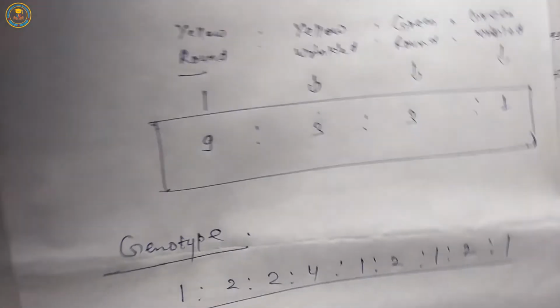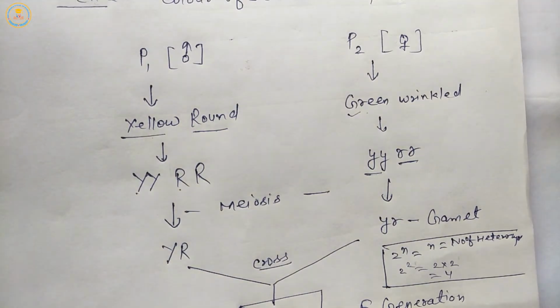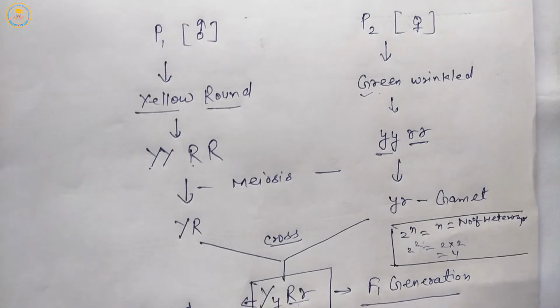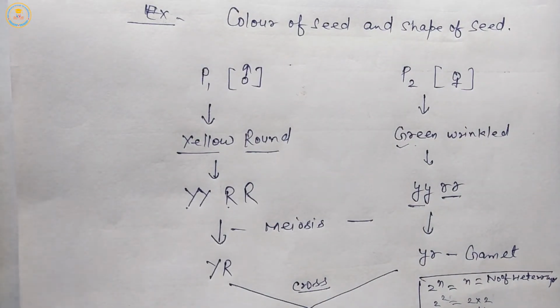Next is law of dominance. So I repeat, law of dominance according to the checkerboard. Once again, law of independent assortment.